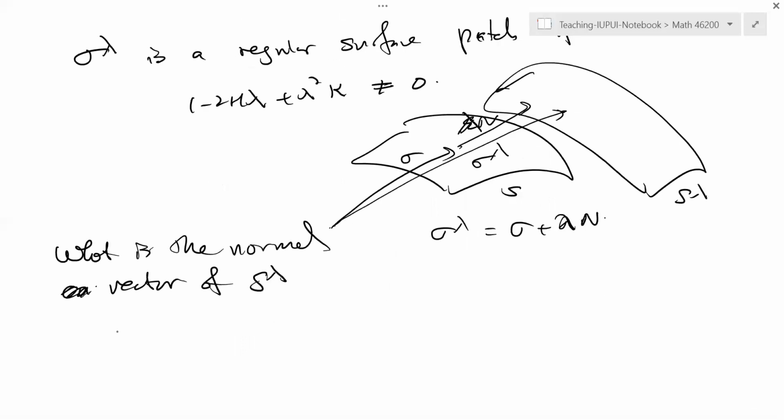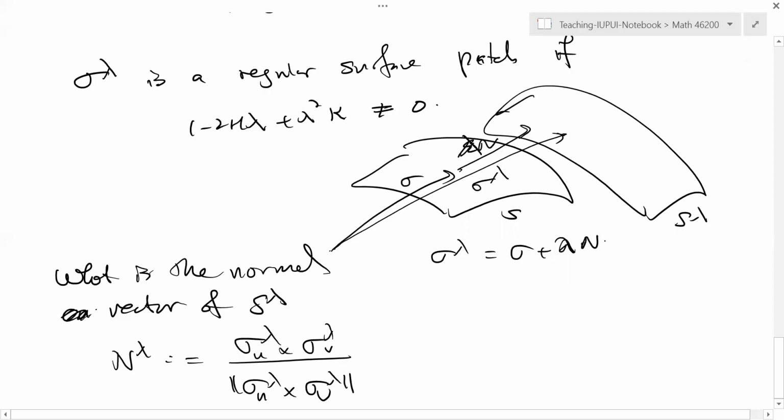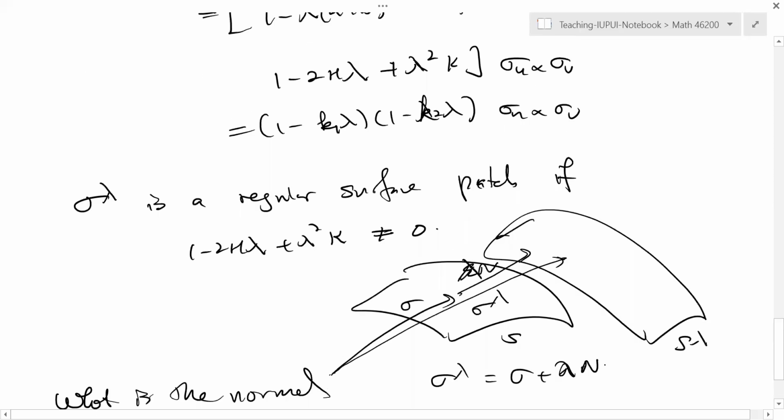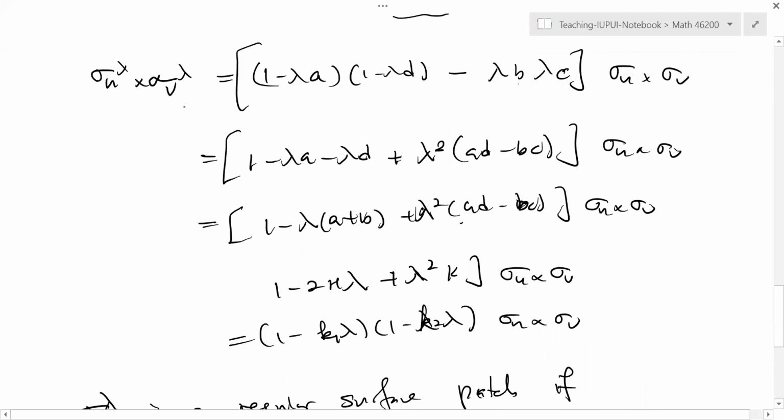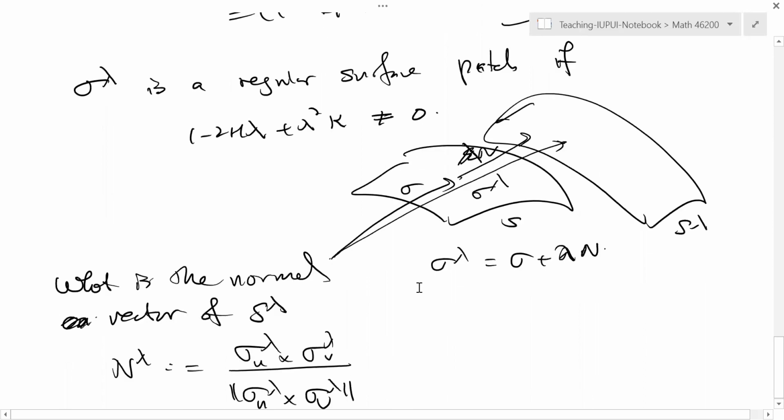Well, it's almost the same because this is going to be sigma lambda, right? Since we have this identity, this is actually epsilon n.